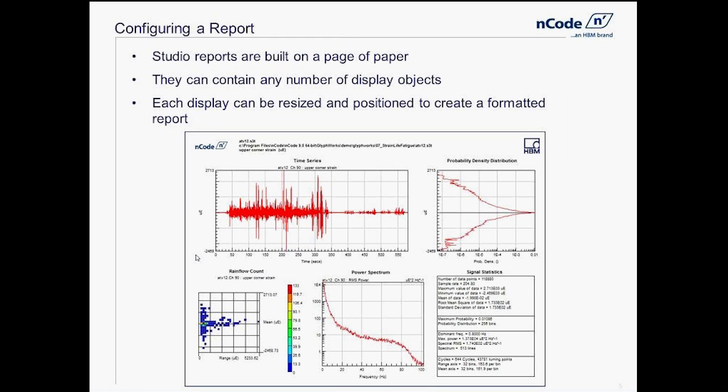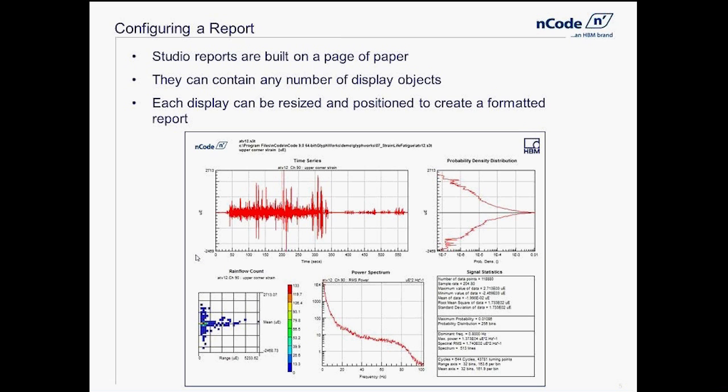Let's talk a little bit about how we actually configure a report. You can think of these reports as being built on a piece of paper. So here in North America, 8.5 by 11. It starts off blank. We can put any number of display objects on those. They can be repositioned, resized, and we can manipulate the way in which they look as well to a great degree.